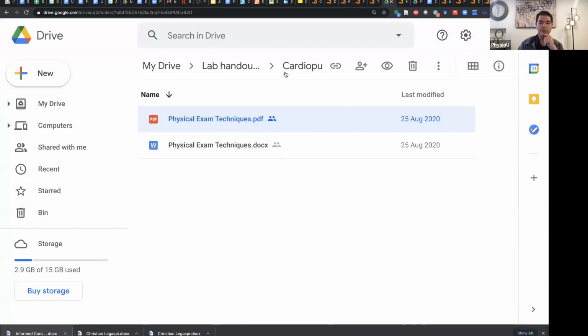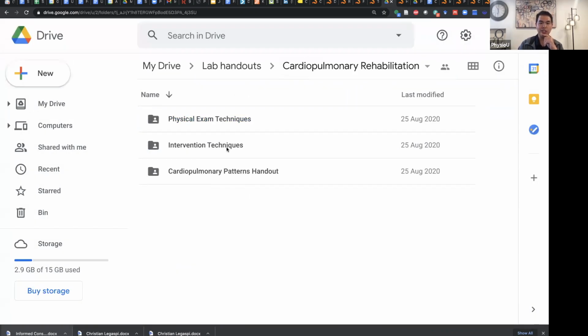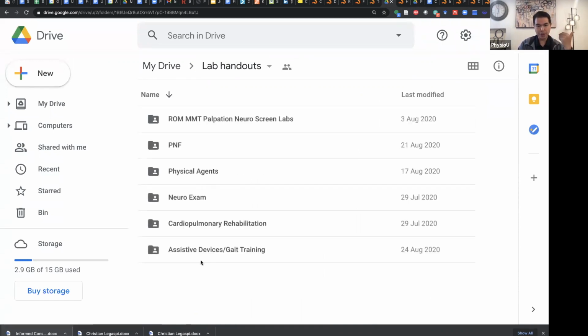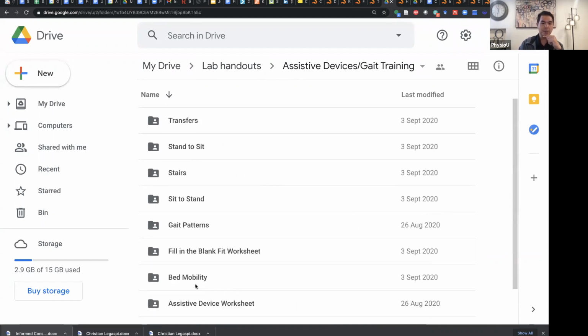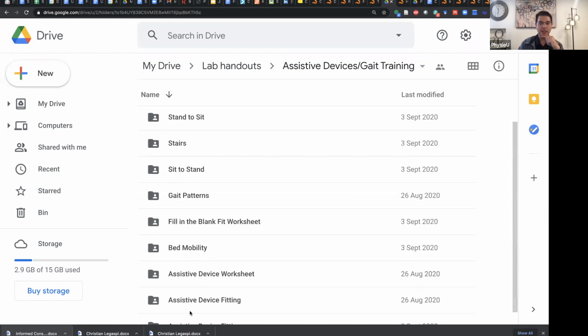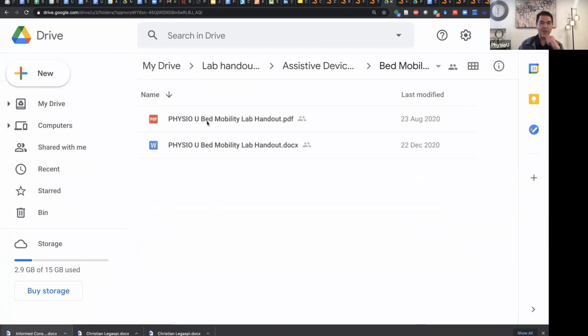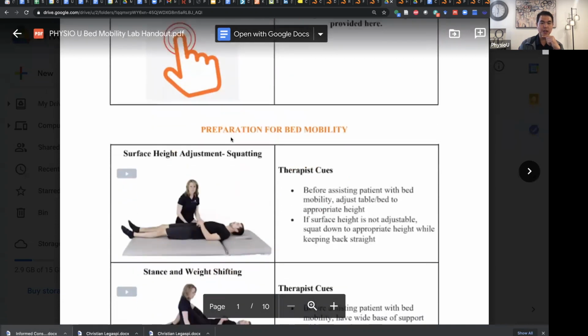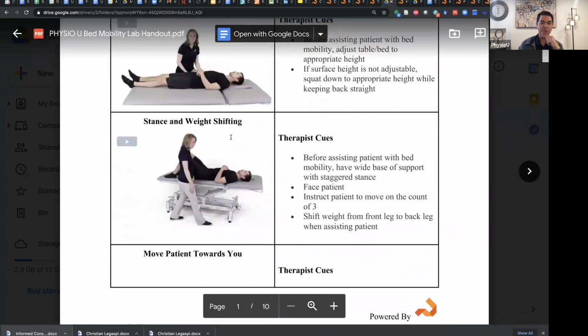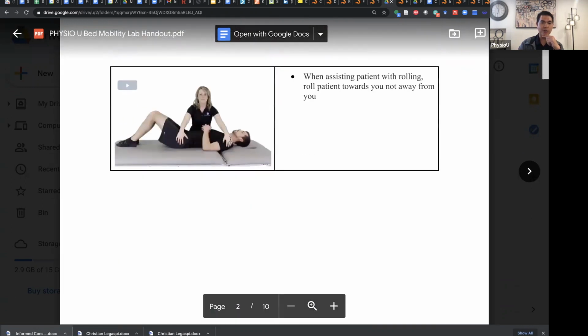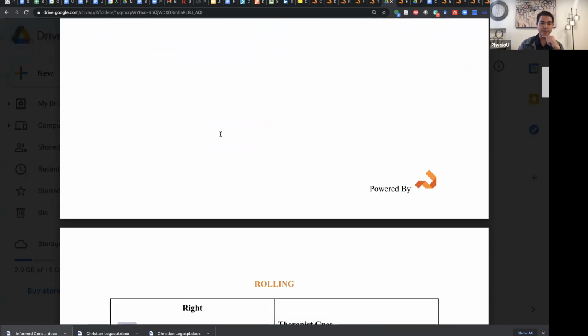So you have physical exam, you also have interventions. These are the patterns. And for another app that I was going to show you later, for all of your transfers, gait patterns, bed mobility, we have worksheets. We have lab handouts for all of it. So you do not need to actually create these. These are the same things that everybody's teaching. And we've created lab handouts for all of it.